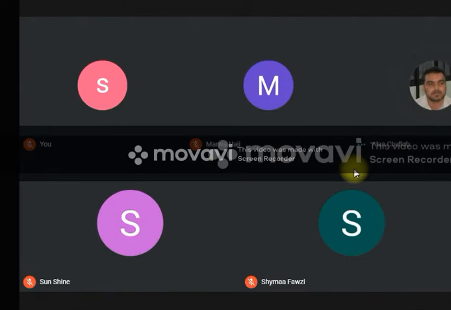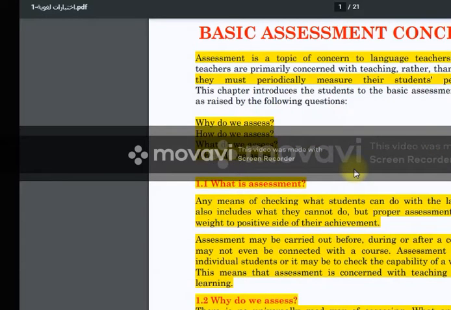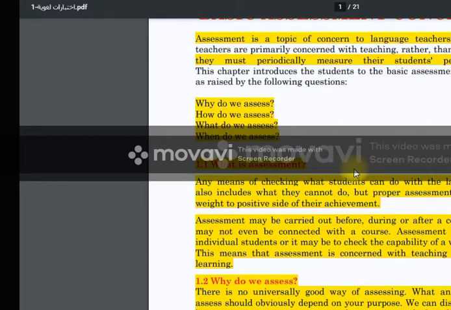So, okay, now let us go to this important question. We have 4 important questions that form the basic concepts for language assessment. These 4 questions are: why do we assess? In which we will deal with the main reasons for doing assessment. How do we assess?